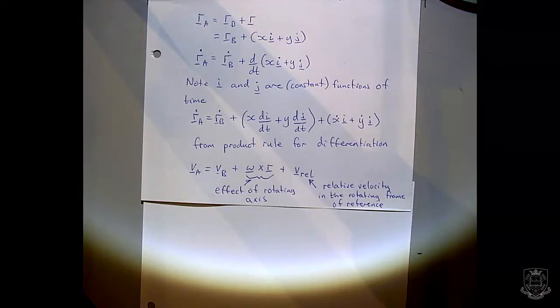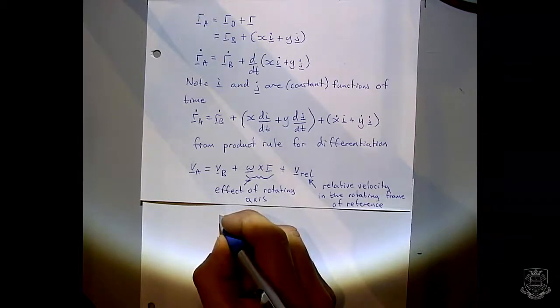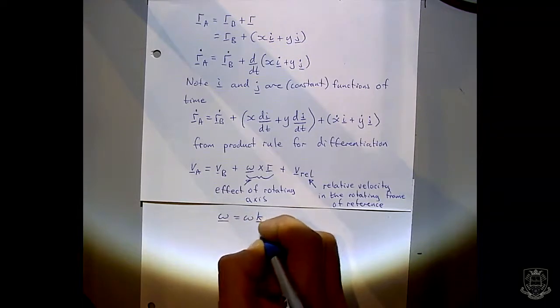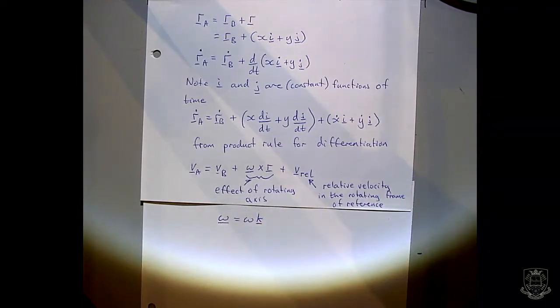So let's just have a quick look at that omega cross with r term. What I said earlier was that omega the vector is equal to omega the scalar times the vector k, because that's how we treat rotations of the x and y plane.